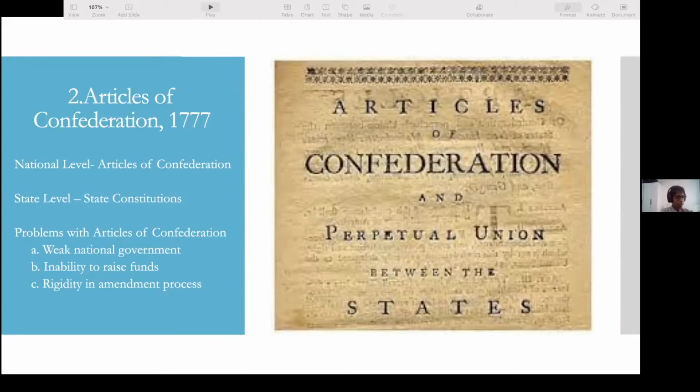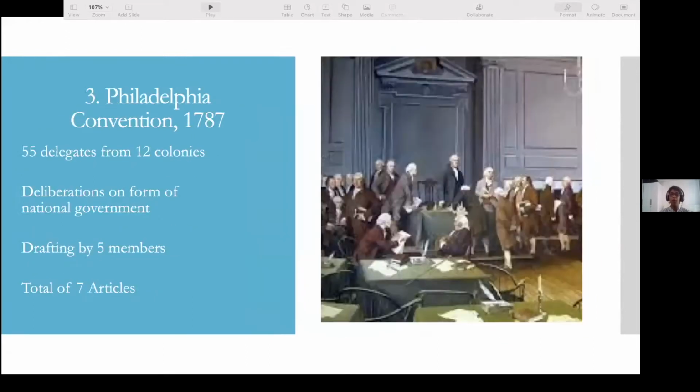So essentially what happened because of these, in 1783, when the American Revolution ended and America won its independence from the British, these problems started becoming more acute. The lack of a strong national government started having very material ramifications.